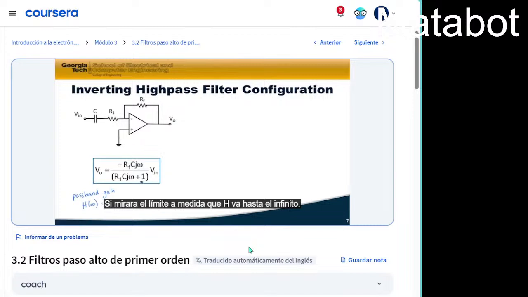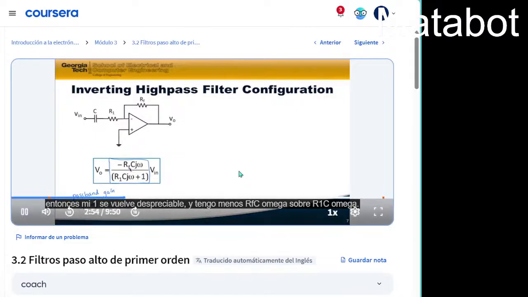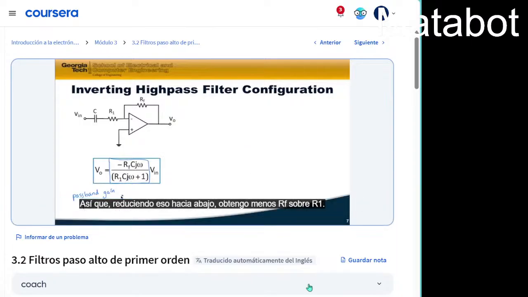If I look at the limit as omega goes to infinity, then my 1 becomes negligible, and I've got minus RF C omega over R1 C omega. So reducing that down, I get minus RF over R1.